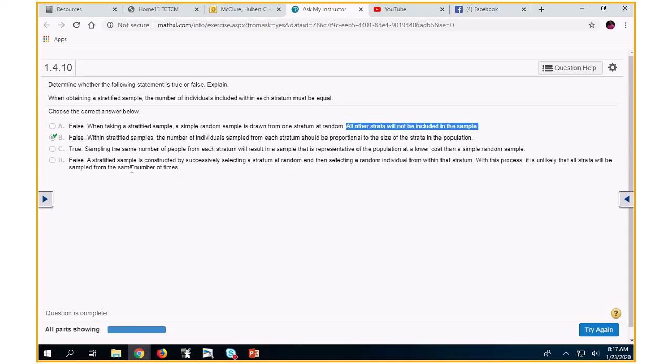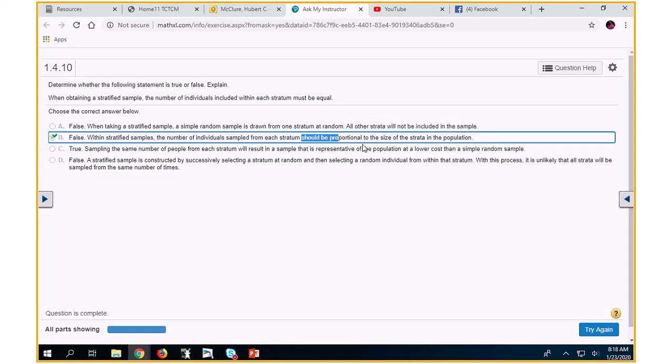Now, do you remember the old saying that with each question, there's 2 that you can get rid of and there's 2 that are similar? Okay, well, D is similar to B. But when you read B, within a stratified sample, the number of individuals sampled from each stratum should be proportional. That's a word that statisticians love. Write that word down.